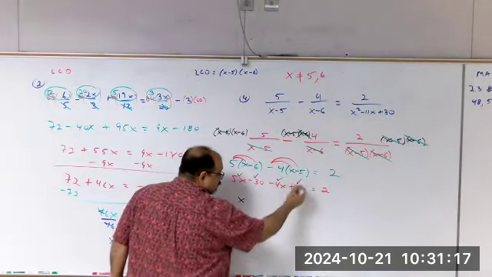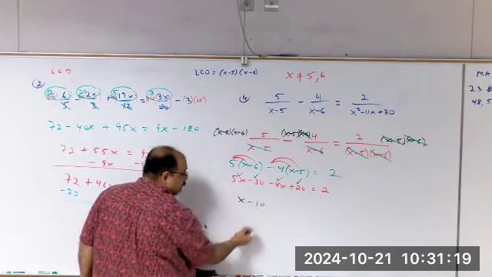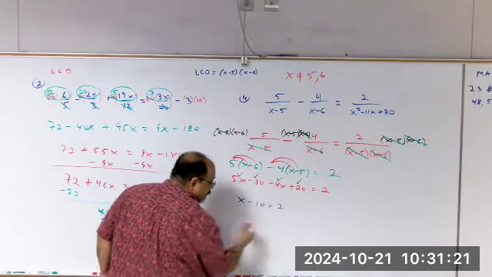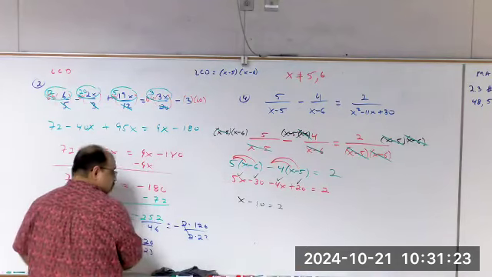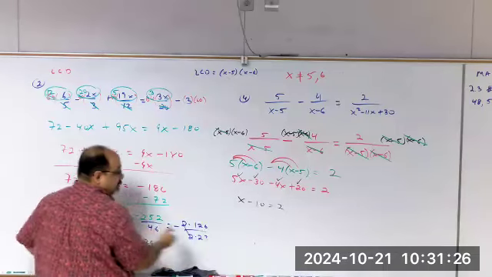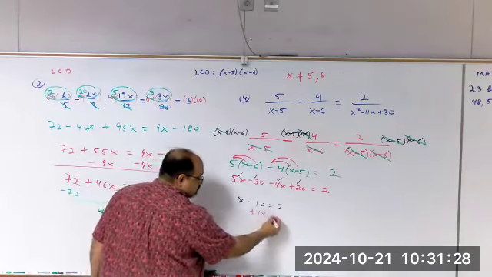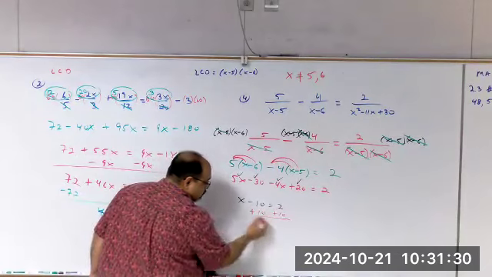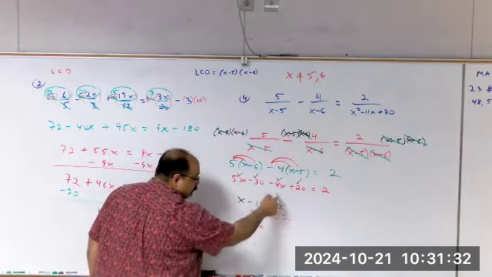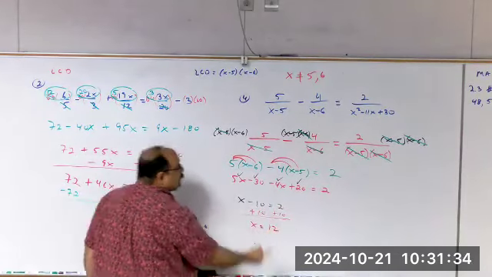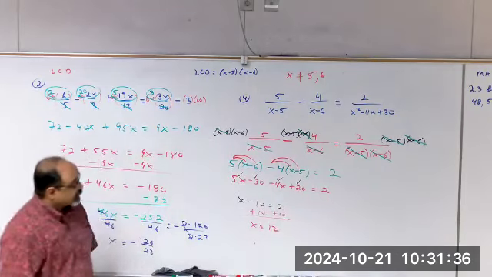Negative 30 plus 20 is negative 10 equals 2. So you add 10. x is equal to 2 plus 10, which is 12. We didn't get a 5 or a 6, so we're good.